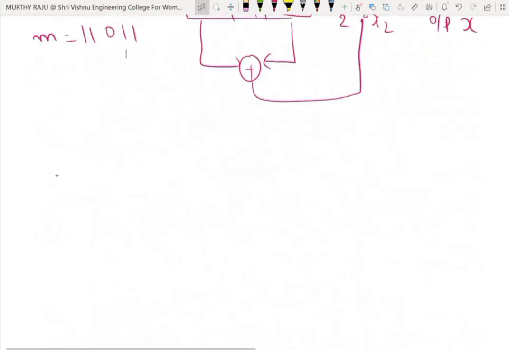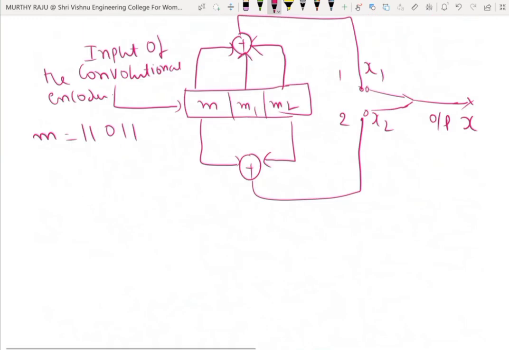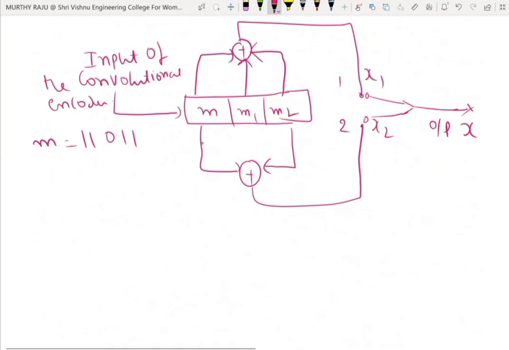Here M is the current message bit information. M1 and M2 are the two previous successive bits information. That means capital M is equal to 2.